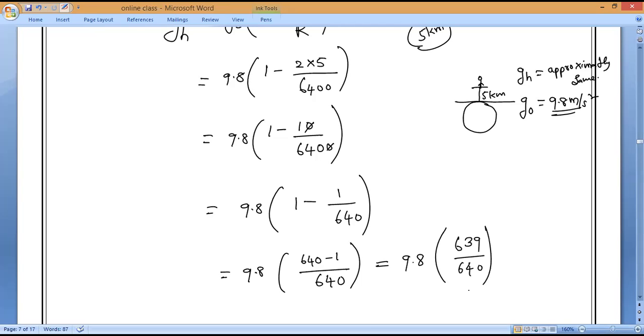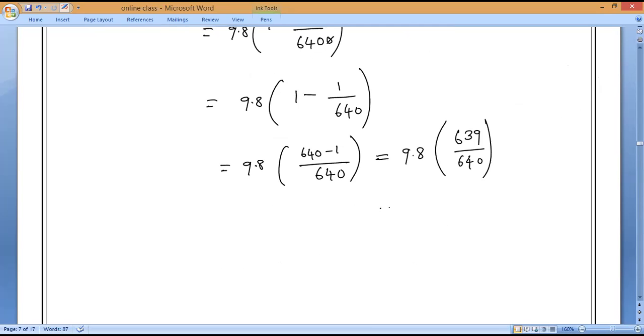So 639 divided by 640 is approximately 0.998. So it will be approximately 9.8 into 0.998.